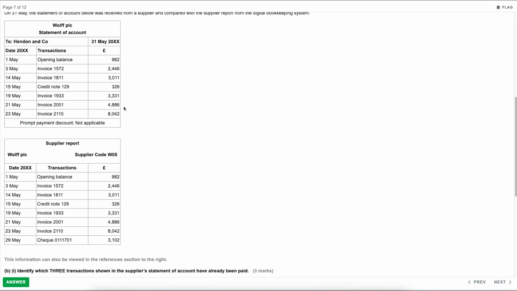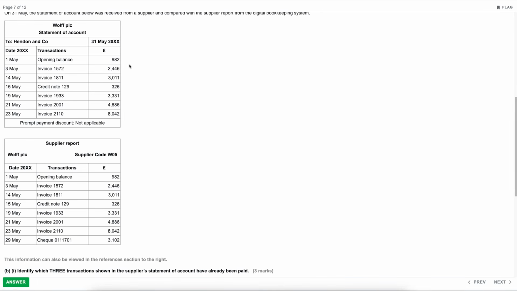However, it is more likely that they're going to be paying off the earlier invoices first. So what I would do is start from the beginning and see what matches off against that particular check. See effectively if you can get two of the figures to add up to that 3,428, which was your credit note and your check added together.